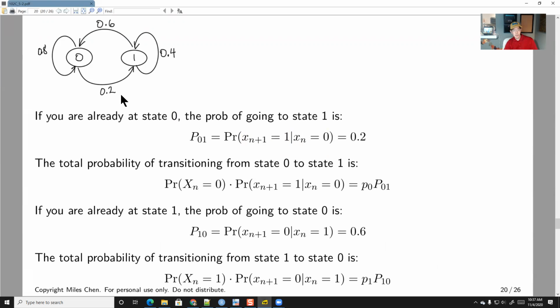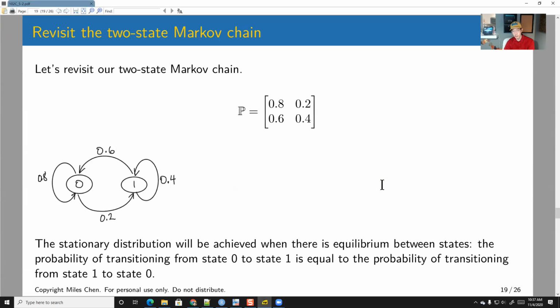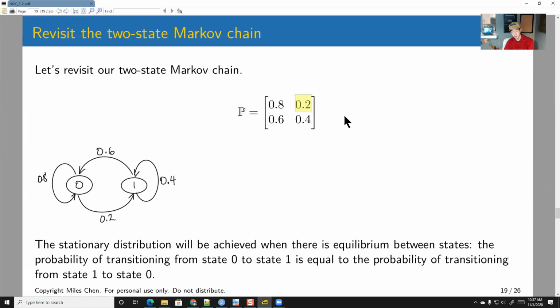And thus the total probability of transitioning from state 0 to state 1 is equal to the probability of being at state 0, which for now I'm calling P0, multiplied by the probability of transitioning to state 1 given that you're at state 0. That transition probability is the top right corner of this matrix. Going from 0 to 1 is this right here, 0.2.